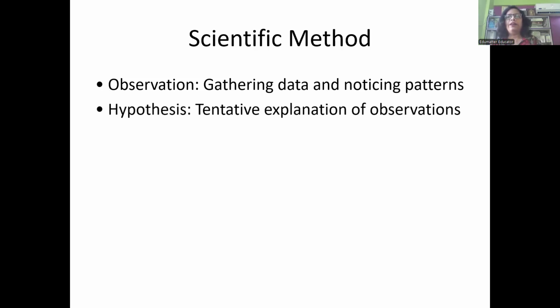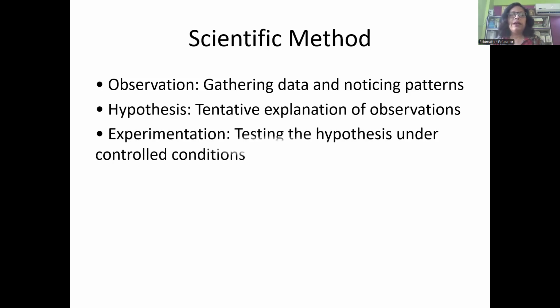From that pattern, some hypothesis is formed, which tentatively explains the observation, why that is happening or how that is happening. Now, the hypothesis is merely based on our prior experience. That may be correct, may not be correct.